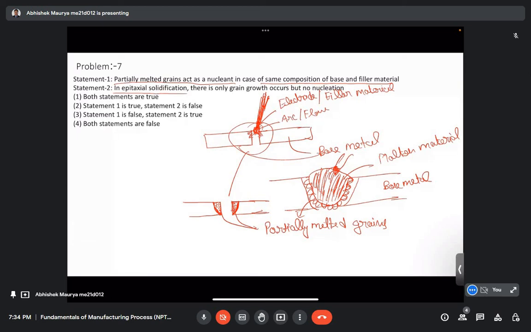solidify. So there are two methods of solidification. Suppose the composition of the filler material is not the same as the base material, then what would have taken place?